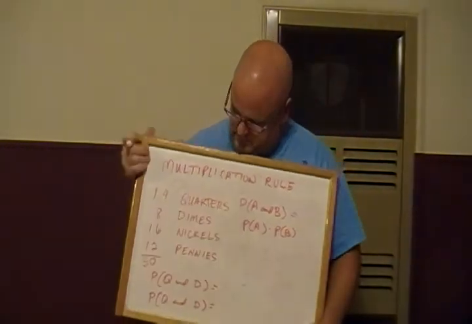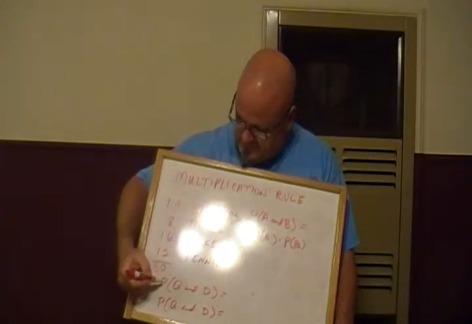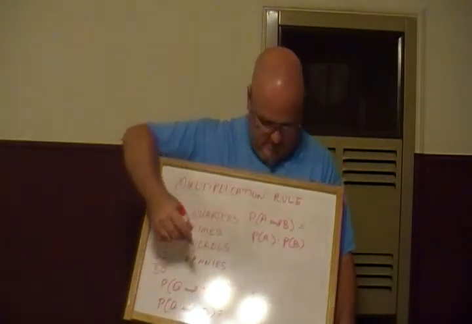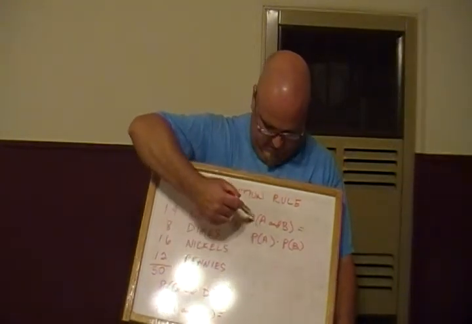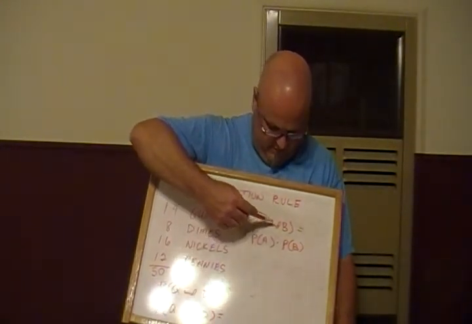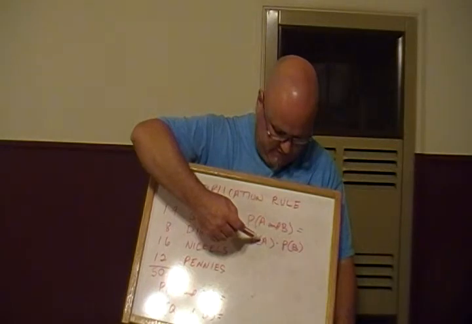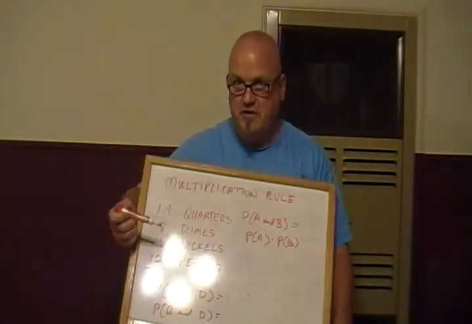Okay, here we go. So we want to know what's the probability of choosing a quarter and a dime. We can see from this formula here, the probability of a quarter and a dime is the probability of choosing the quarter times the probability of choosing the dime.